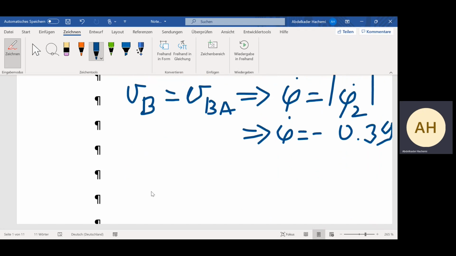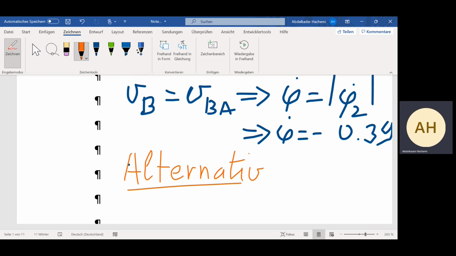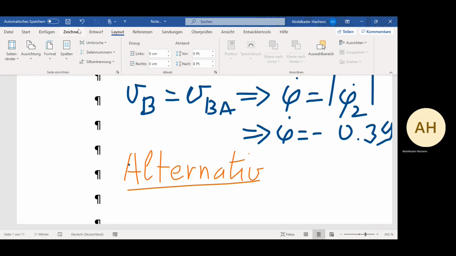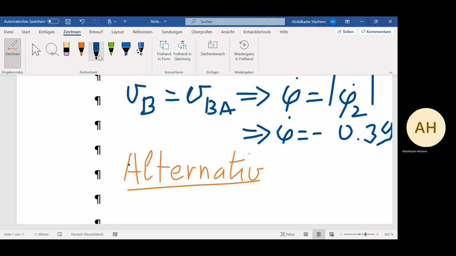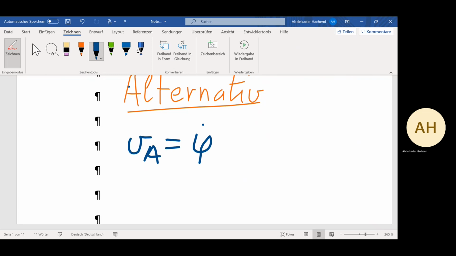We have also an alternative. We can use the instantaneous center of rotation. We have also VA, which is equal to phi dot multiplied by the distance MA.